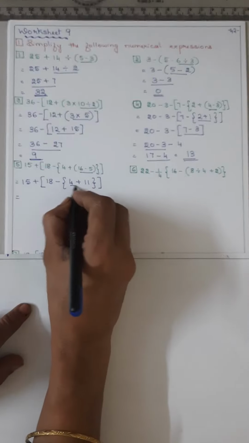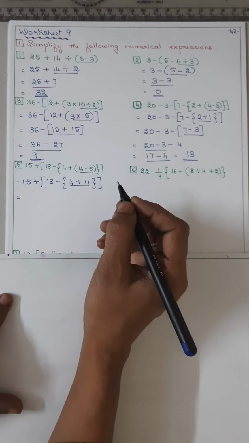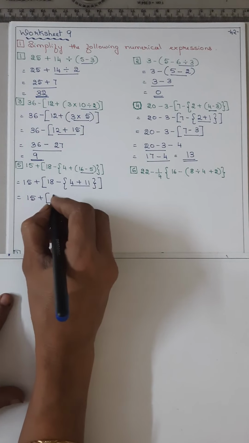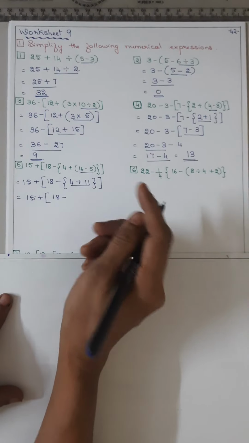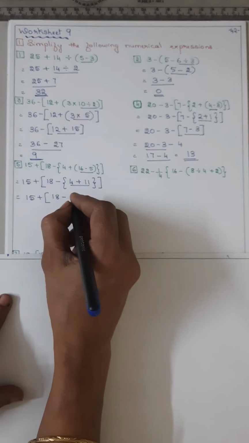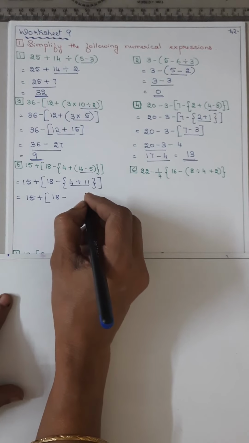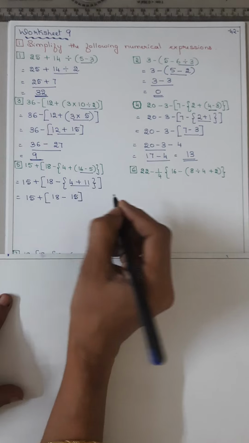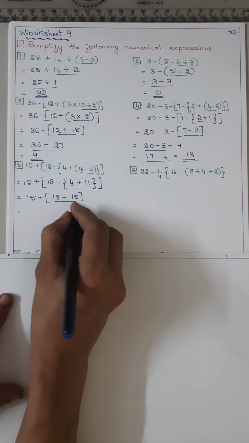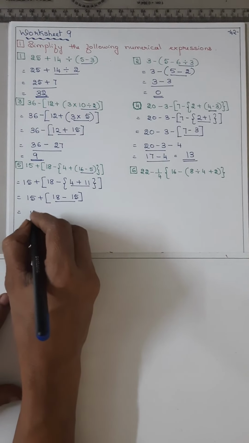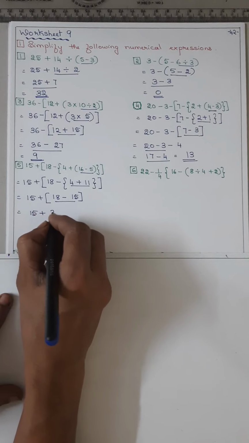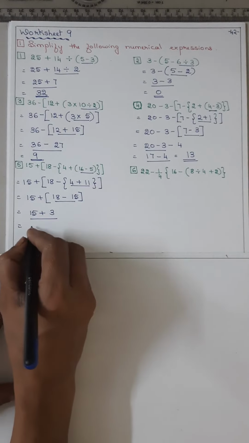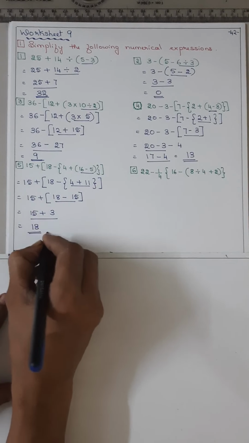Now underline the curly bracket, isn't it? 15 plus square bracket 18 minus 11 plus 4 is 11 plus 4 is 15. Now underline 18 minus 15, so it is 3. Underline 15 plus 3, answer is 18.